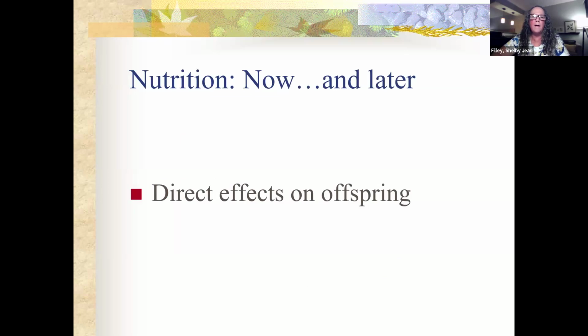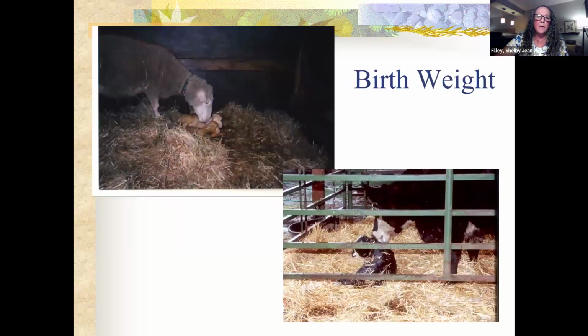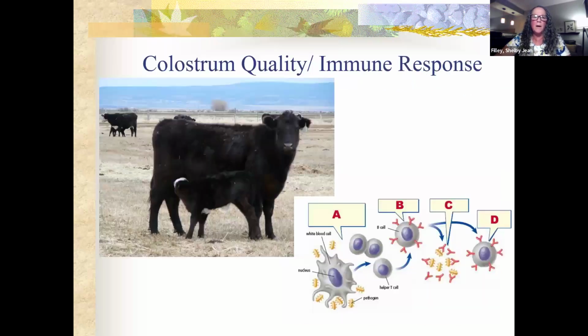And then we have nutrition now and a little bit later. We have the direct effects on the offspring. The birth weight of the offspring would be affected by what the mother's been fed. And also the colostrum quality is very important.